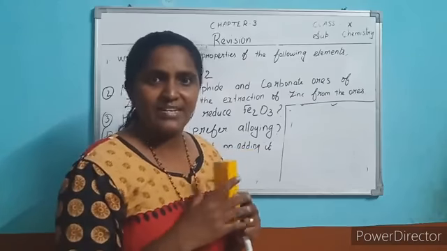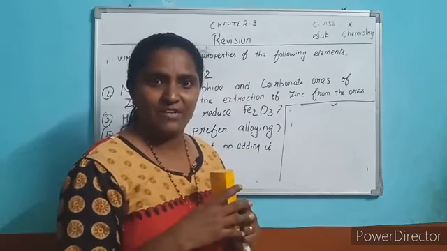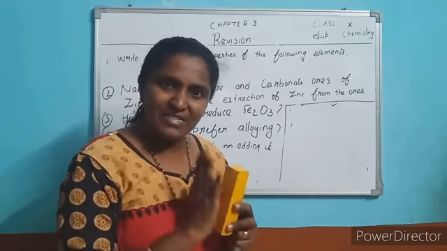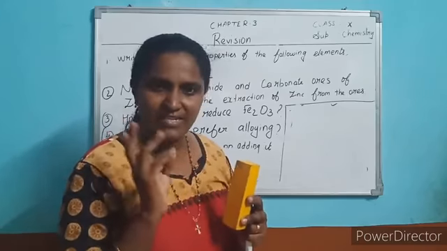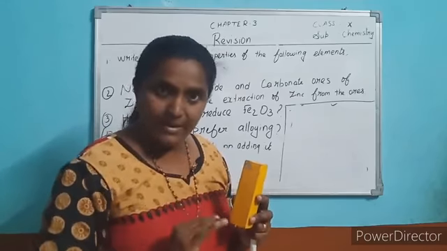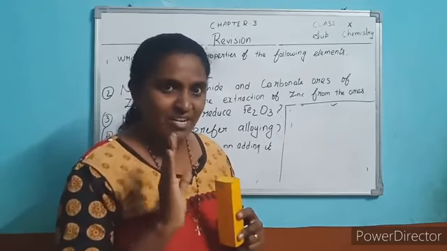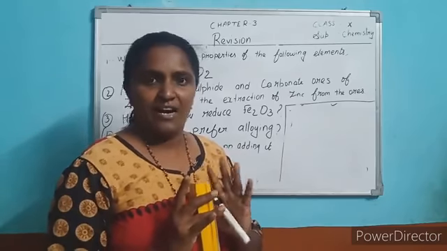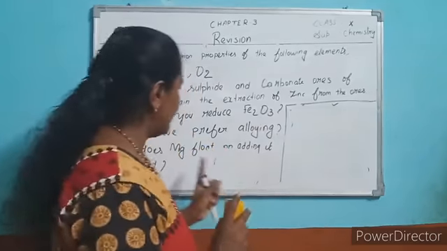It improves hardness. There are many properties of alloys. Hardness increases, melting point and boiling point are reduced, and it does not rust. Because of these properties, they prefer alloying the metals.